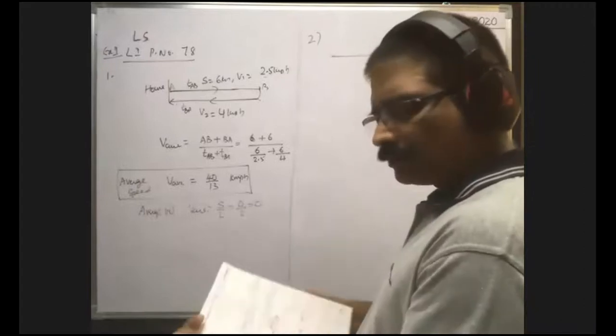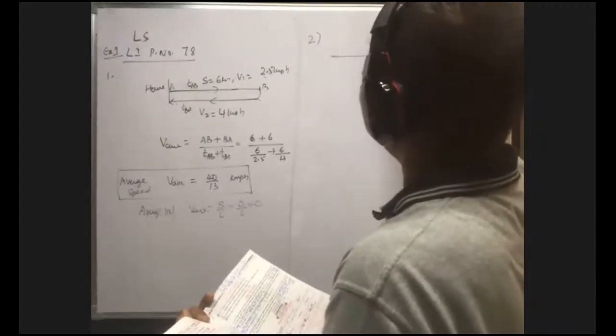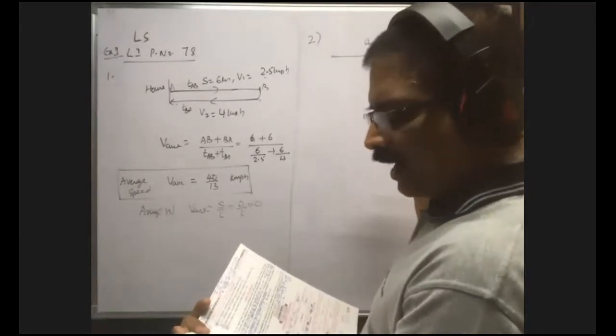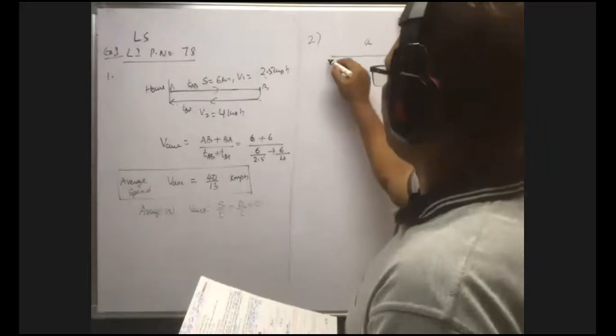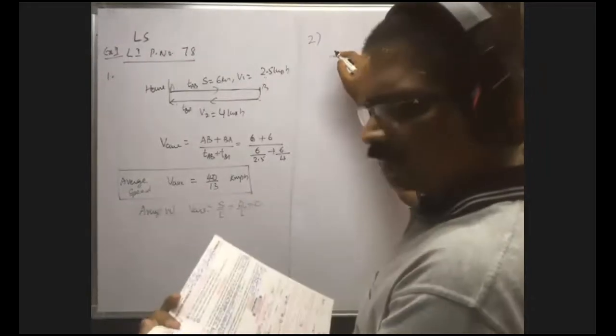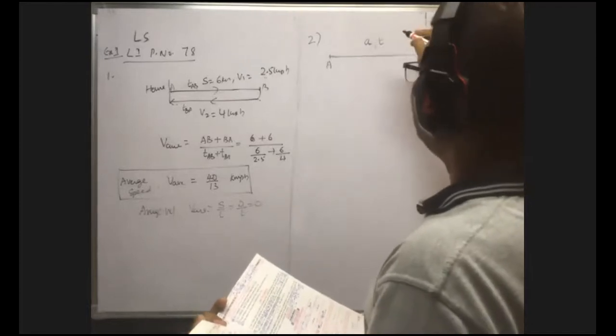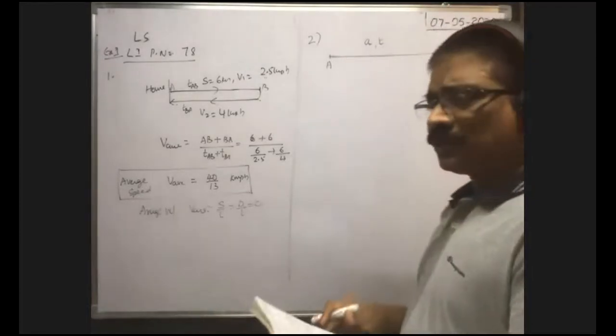A particle moving with constant acceleration A. Suppose the person travels from A to B. The time taken by that person to travel from A to B with constant acceleration is T. That means the total time is T seconds.